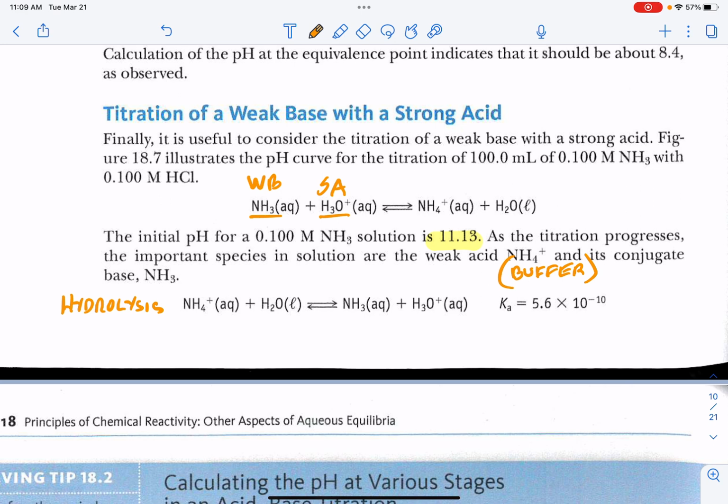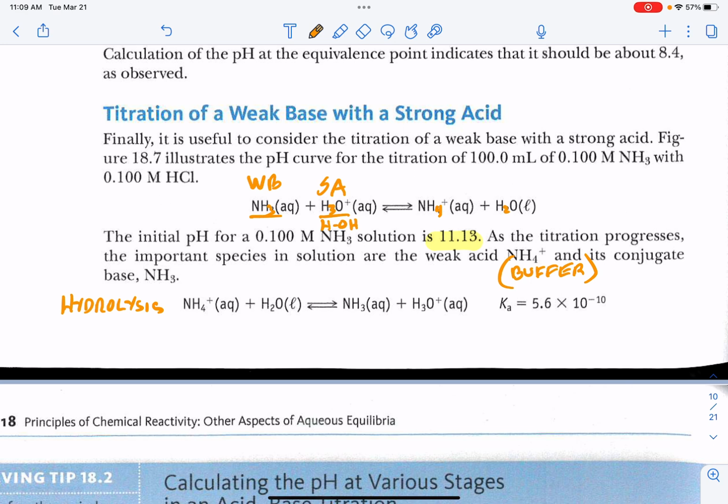And you'll notice that the ammonia, NH3, is going to pick up a proton from the water molecule, which is easier to see if you write it like that, and becomes NH4 plus, and my H3O becomes H2O.